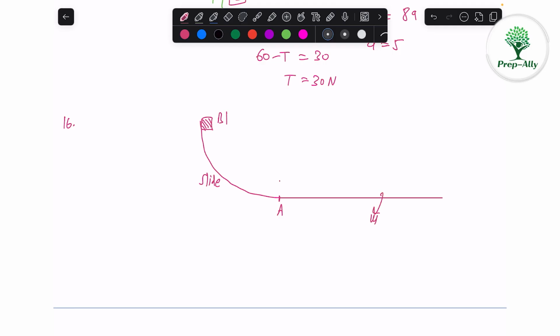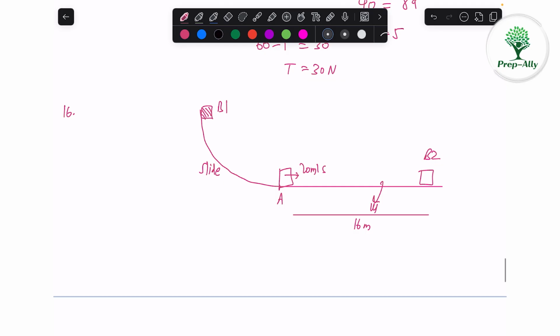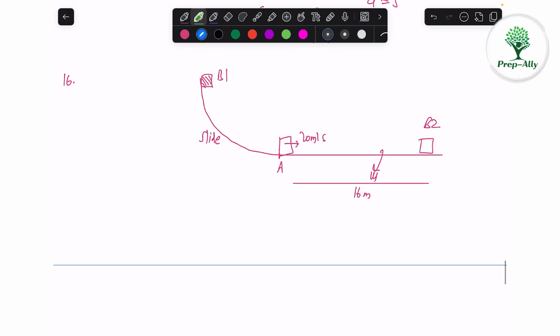It reaches point A with a speed of 20 meters per second. Block 2 is kept, this is block 2, at a distance of 16 meters from point A. If block 2 was not there, block 1 would have slid a total of 25 meters. So it would have stopped here at 25 meters, its speed would have been 0.